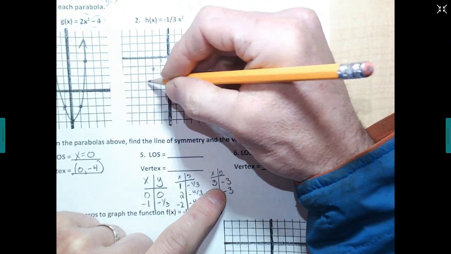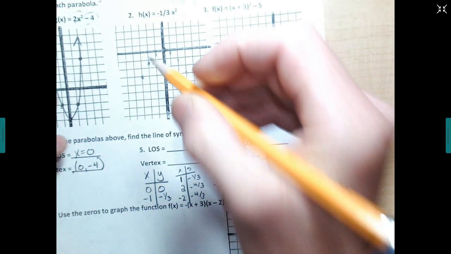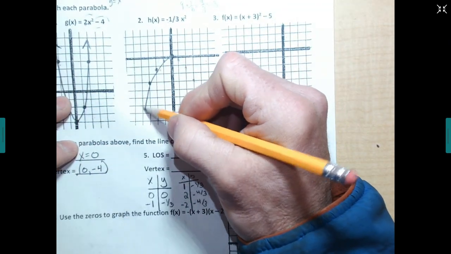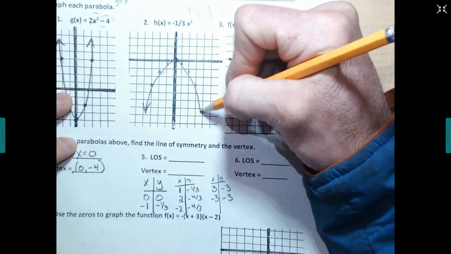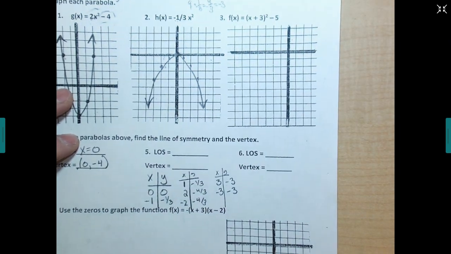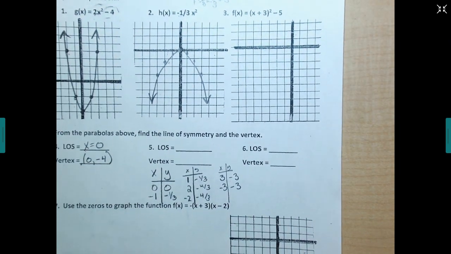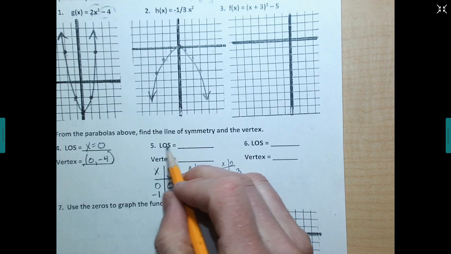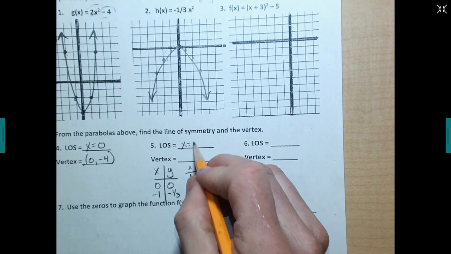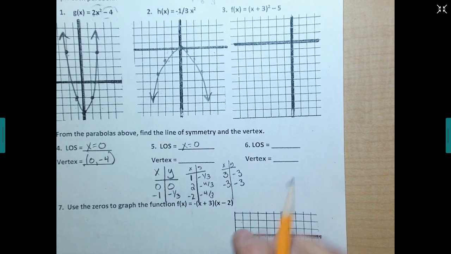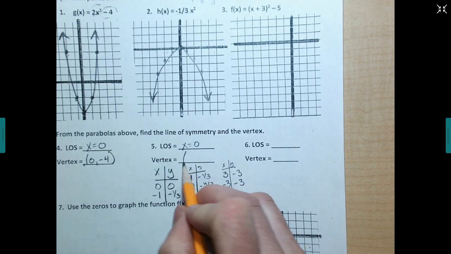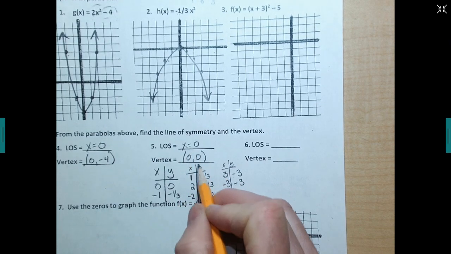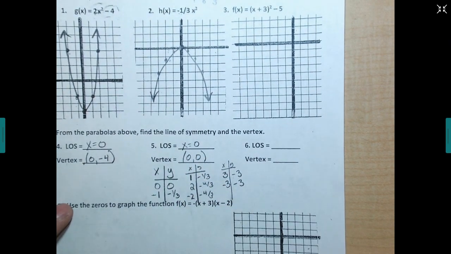And then it's symmetrical. So there's my graph, my line of symmetry, x equals 0, and my vertex is 0, 0. Please make sure you write it as a point.